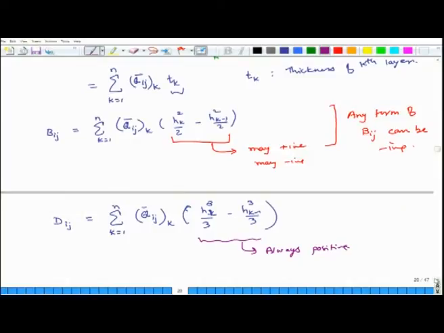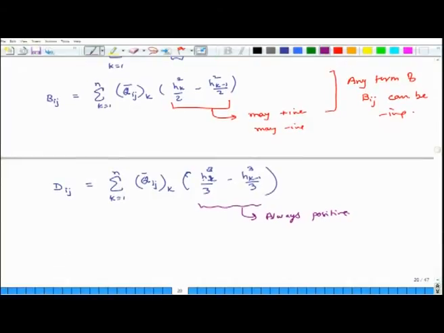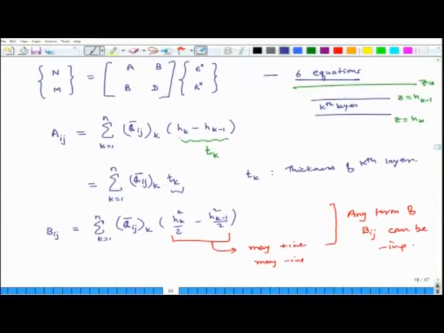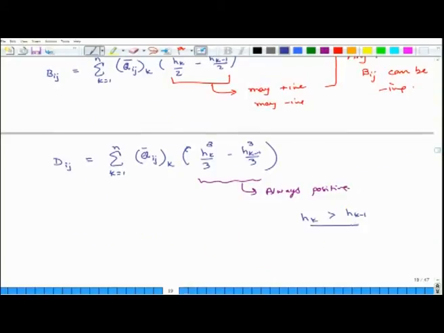Why is it always positive? Because hk is always more than hk minus 1. So, when I take the cube, the difference will always be positive. So, this is always positive.